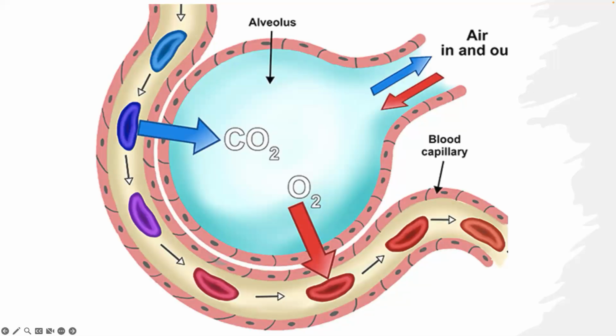Inside the alveoli. If you think of the alveoli as a sack of grapes, you have the little stems that come off the terminal bronchioles, and all the little grapes around them. Those grapes are the alveoli.